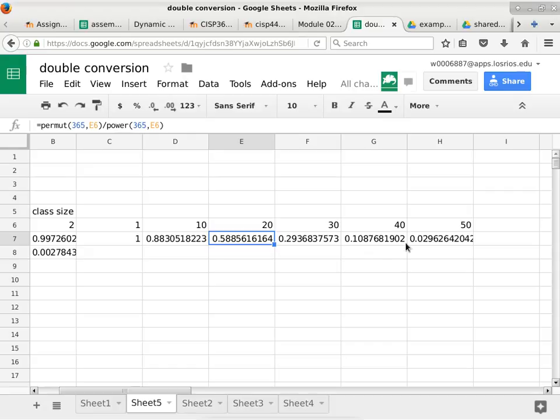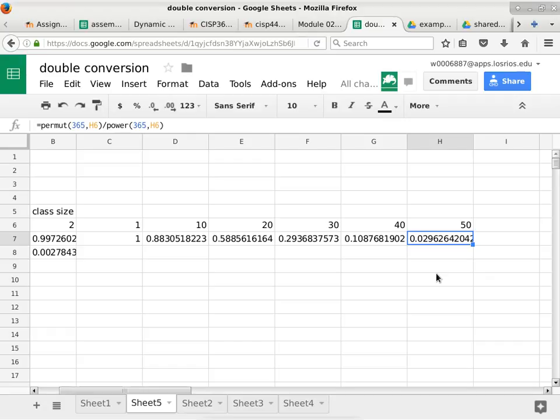When you get to 50 people, there's only a 3% chance that everybody in class has a unique birthday, which is not what most people expect. And yet we solved that problem using permutation and power. Is that okay? Now, if you want to ask the question of what if we want exactly 2 people in the class having exactly the same birthday, that actually is a harder problem to answer.